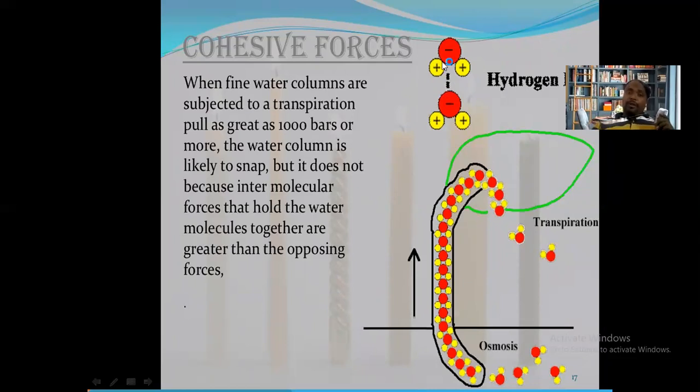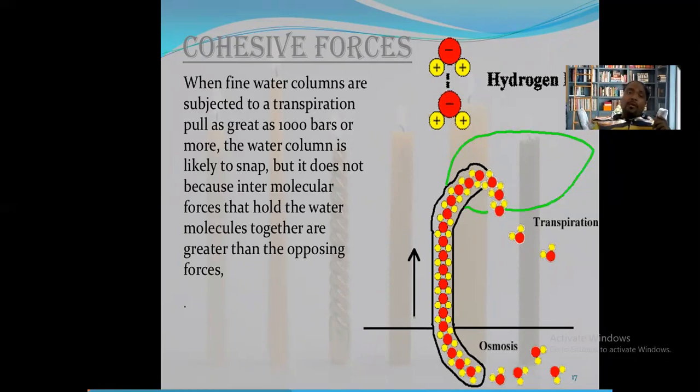This is because of the two forces. Okay, there are the hydrogen bonds which are present between the water molecules. In general, hydrogen bonds are called weak bonds, but when they act on water molecules, these bonds become strong.